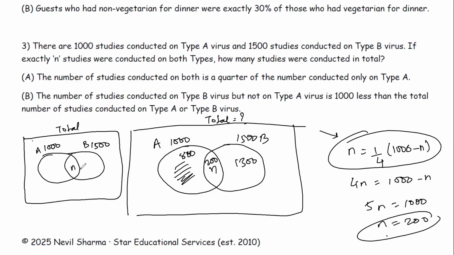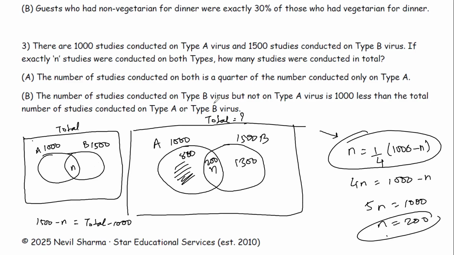So the number of studies conducted on type B virus, but not on type A, that is only B, is 1,000 less than the total. So this figure 1,500 minus n is total minus 1,000. Correct? Yeah, that's what we are getting.